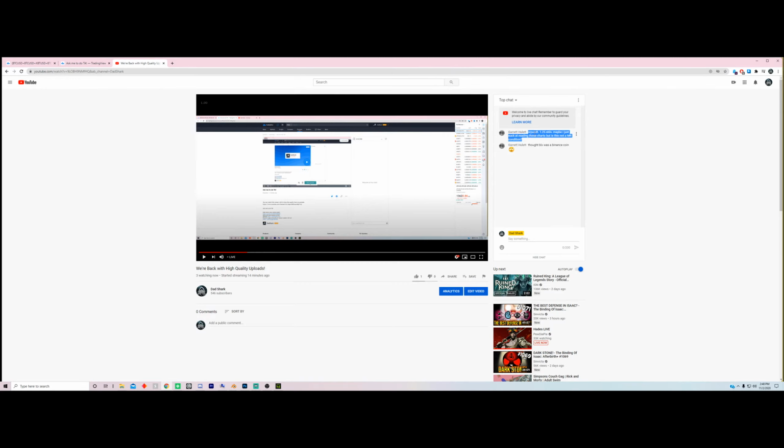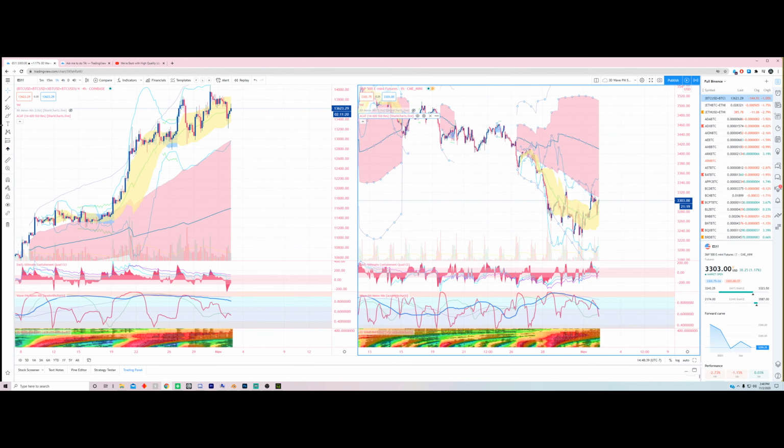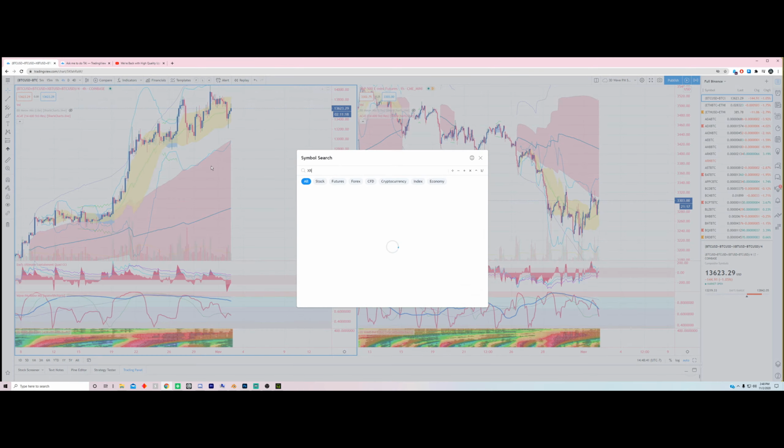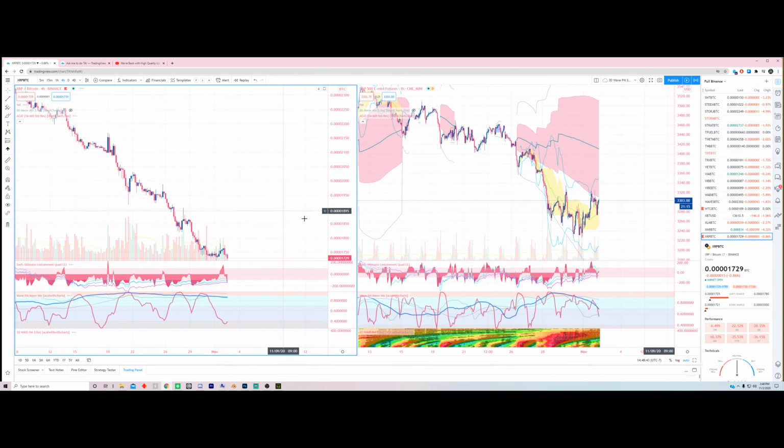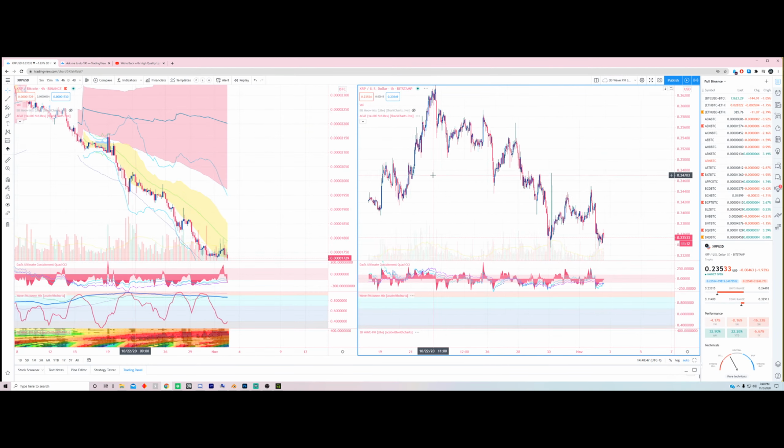XRP USDT. Okay. So the thing with XRP is we need to also look at the Bitcoin pairing at the same time.